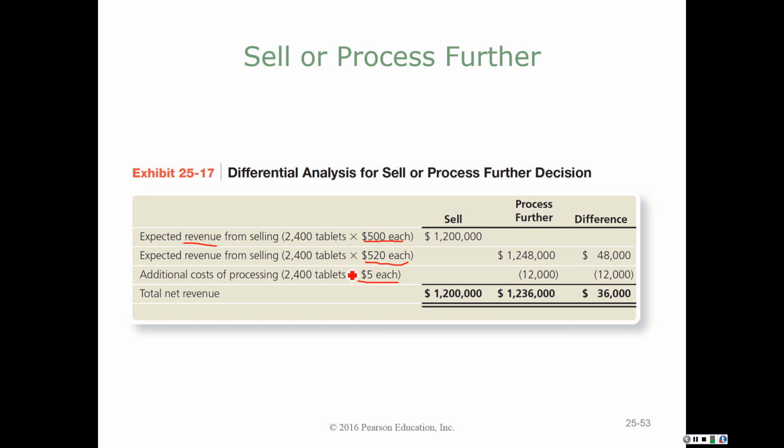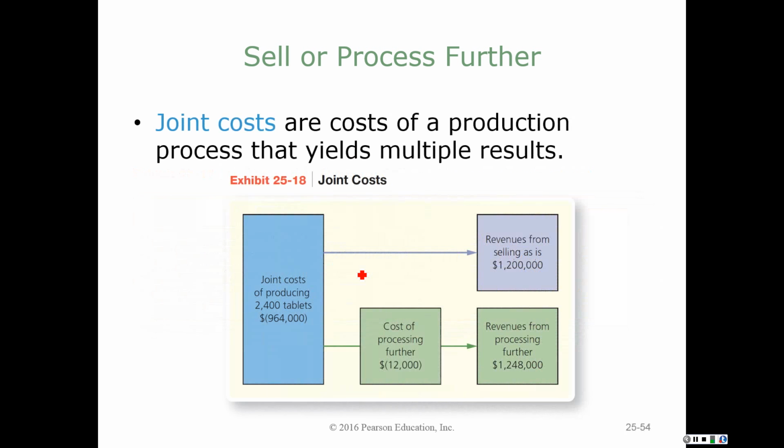Now you'll notice in this decision process, your book told you that we incurred $964,000 worth of cost in producing my 2,400 tablets. At this point, this is our split off. At this point, we try to decide, should I add additional cost, $5 each, to process it further? If I do, how much additional revenue would I generate?